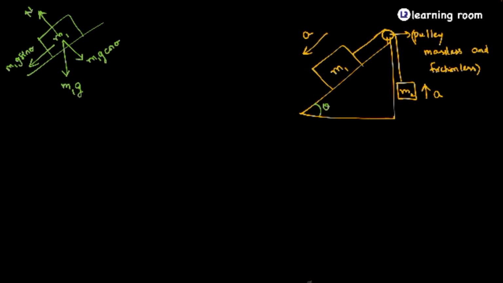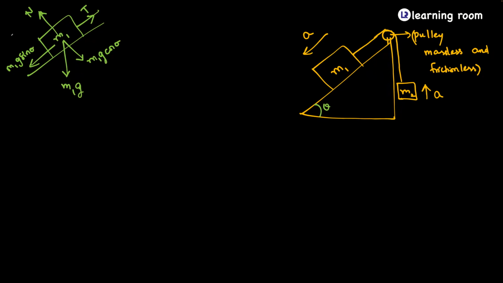Apart from this, M1 is connected to a string, hence there will be a tension acting in this direction, and the tension here and here will be the same. Why is it so? Because there is only one string. The number of strings is equal to the number of tensions in the problem. I hope this block diagram is clear.